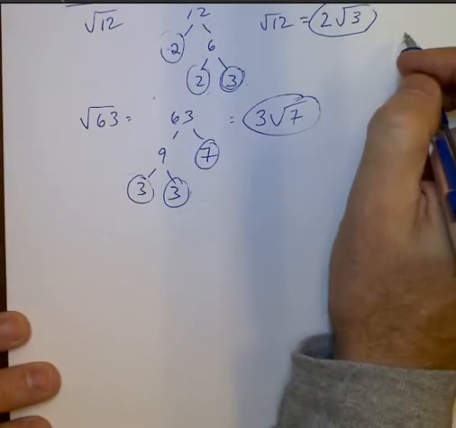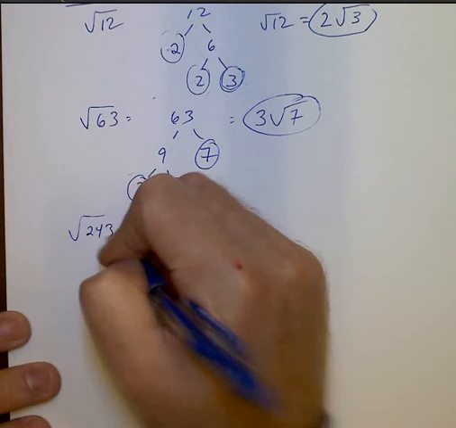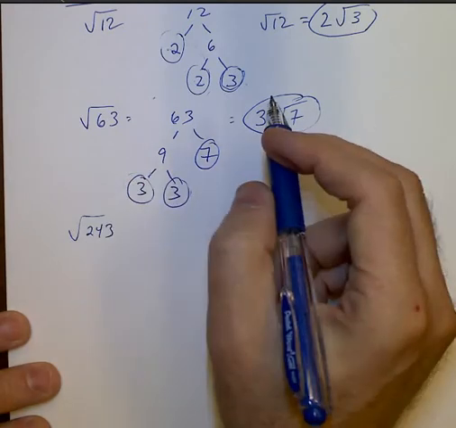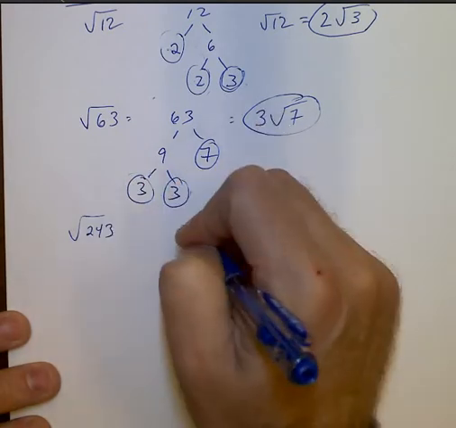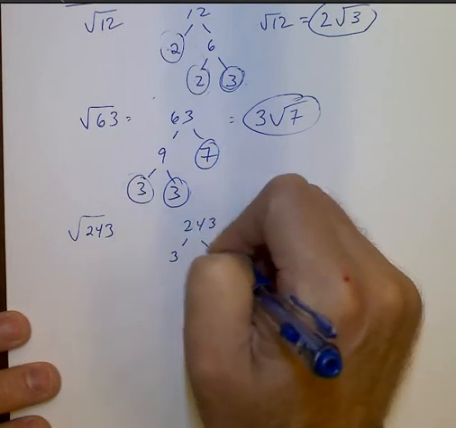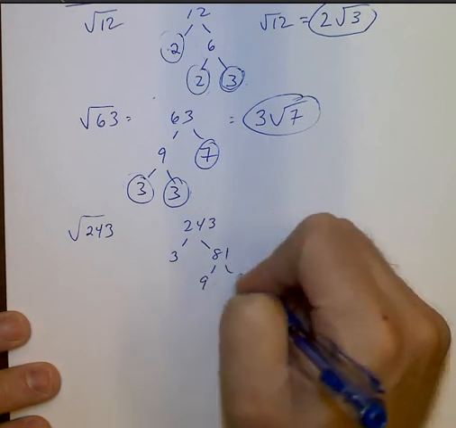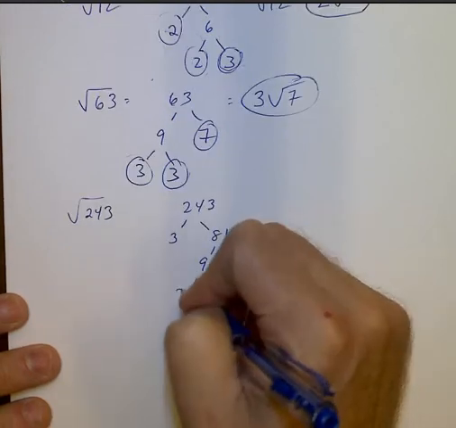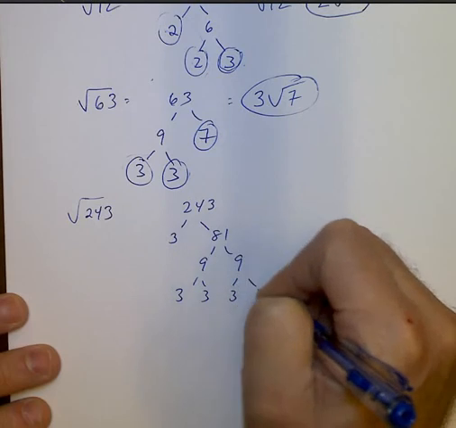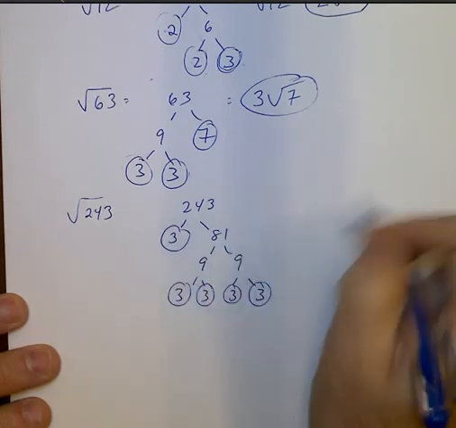Okay, let's try another one. Square root of 243. So we take 243, that's 3 times 81. And 81 is the same as 9 times 9. And 9s are 3 times 3, and 3 times 3. So my outer leaves are a whole bunch of 3s.